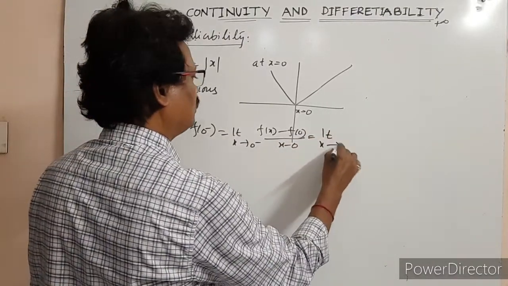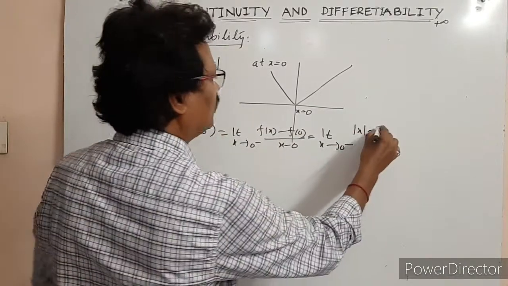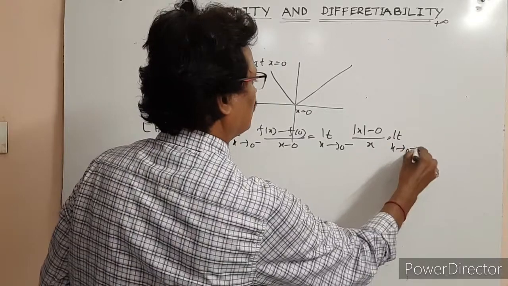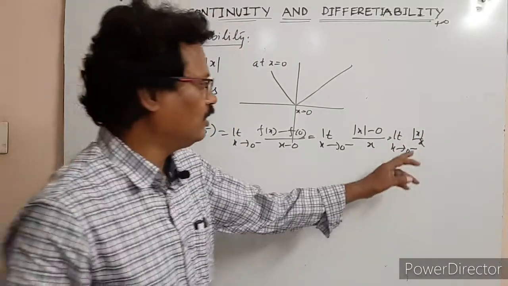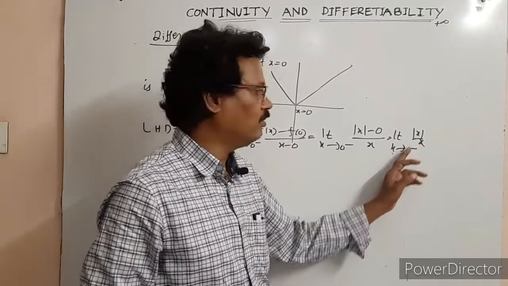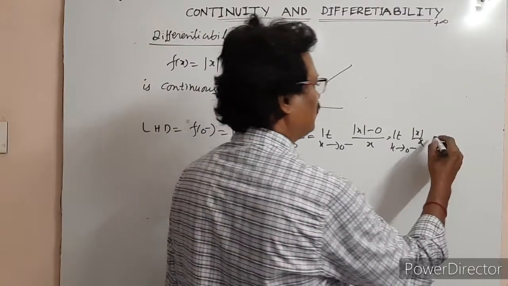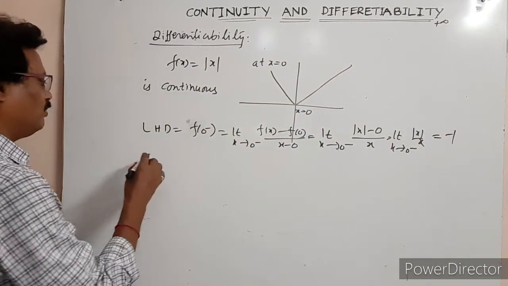Limit x tending to 0 minus, f of x is mod x, f of 0 is 0, by x. Therefore limit x tending to 0 minus of mod x by x. Now x is just less than 0, therefore x is a negative number, therefore mod x is nothing but minus x. Minus x by x is what? Minus 1. That is the left hand derivative, we got minus 1.